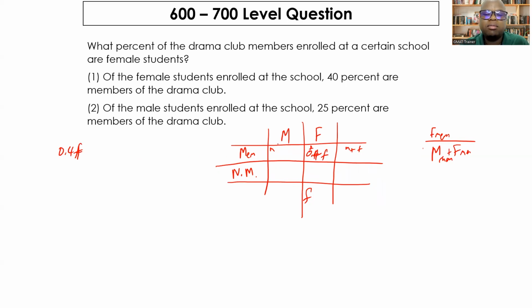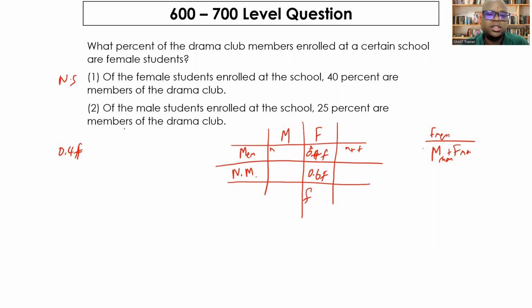And then how many males are there? We don't know. So we don't know how many are males, and we don't know how many are males plus females. So this is not sufficient as it is. So you have 0.4 F, so this is 0.6 F, if F is all the females in the school that we have.